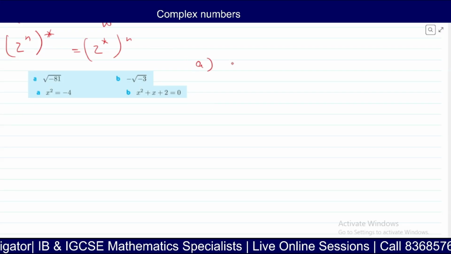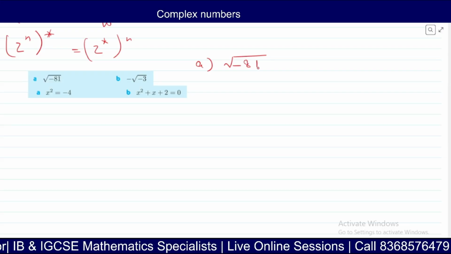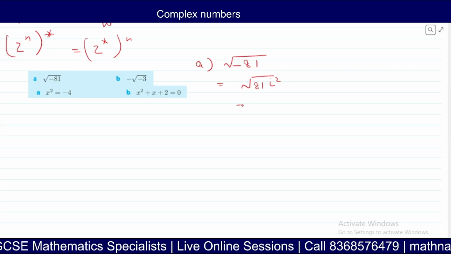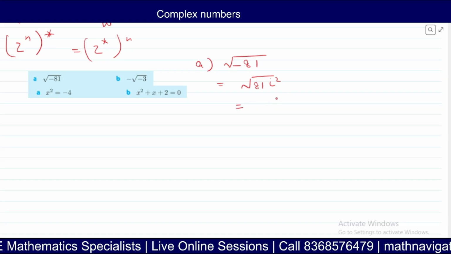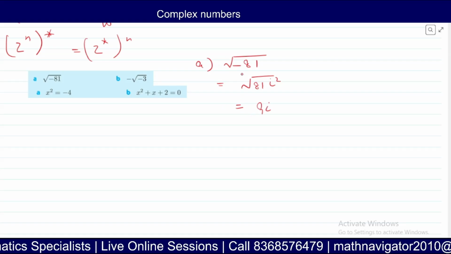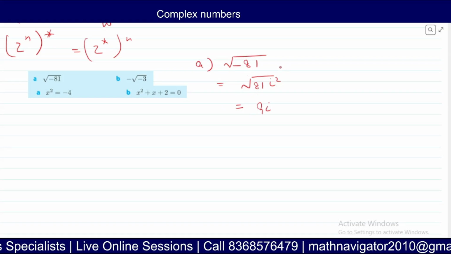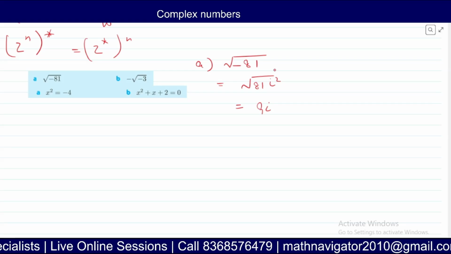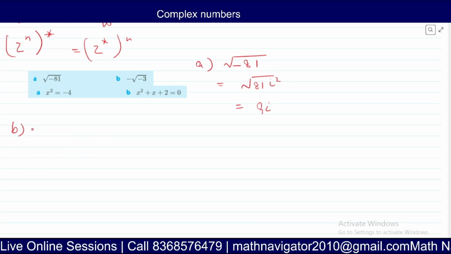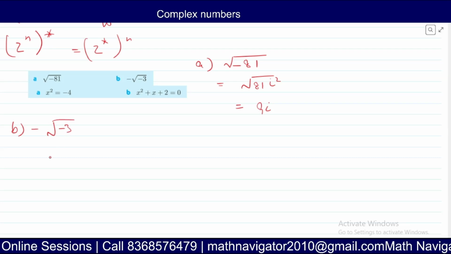A part is saying under root of negative 81. So the best way is you can write negative 81 as 81 times i squared, under root of which is 9i. You will only take the positive part, because when something is under a root, it only takes the positive part. Got it?